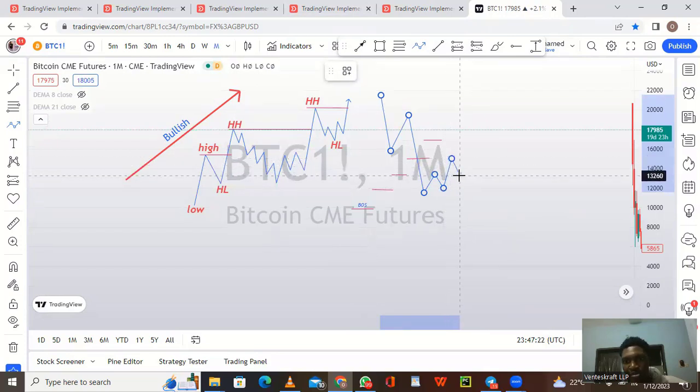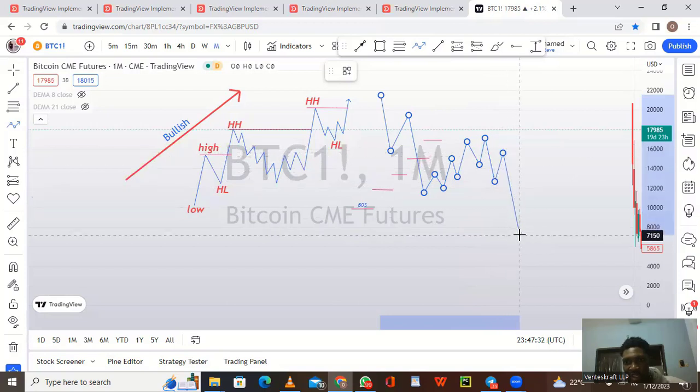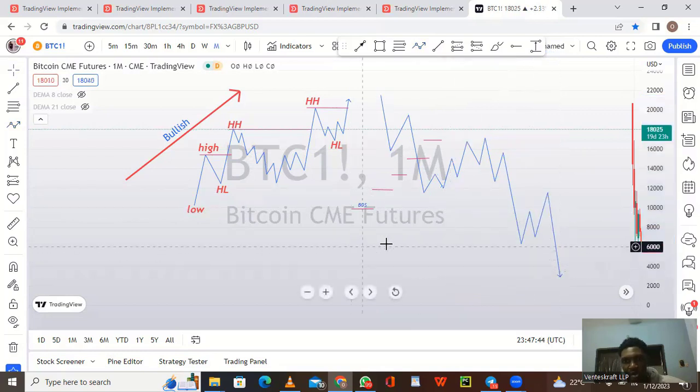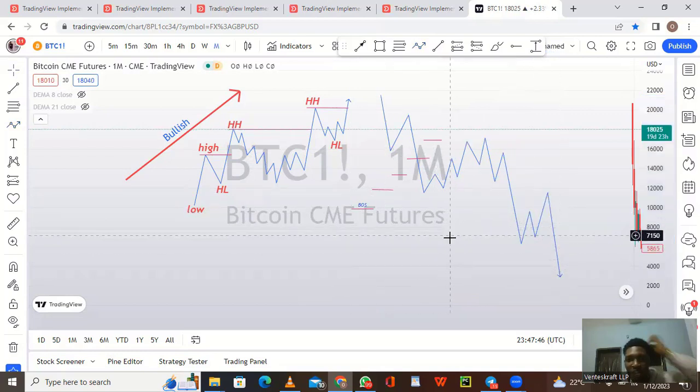Yes, all these pullbacks are internal structure, all right? You see the market creating something like this, and eventually it crashed all the way down, pulled back, and then you have it in this form.